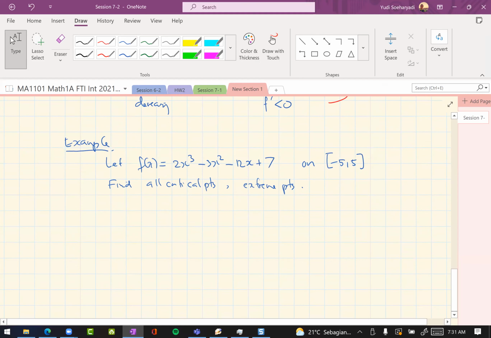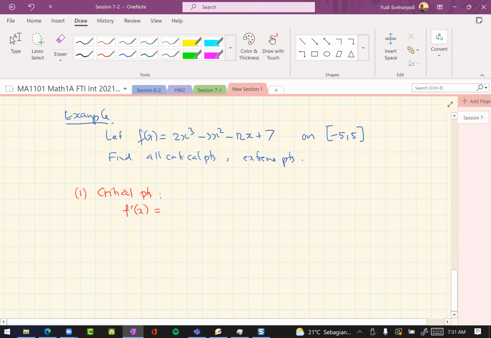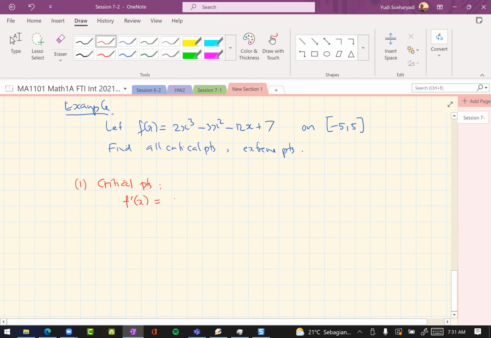So how to do this one? Let's do this first: critical points. We'll find the derivative. Let's complete this, easy. f'(x) = 6x^2 - 6x - 12.